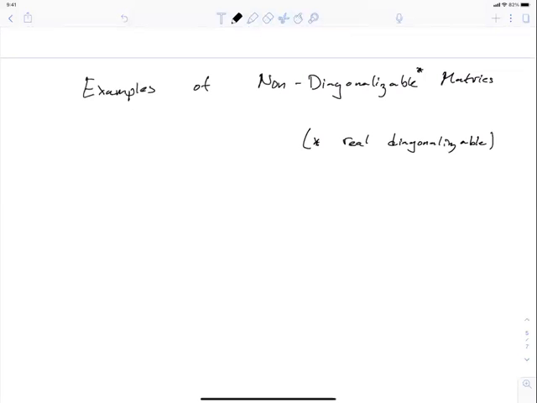So here's one example. Let's see what this matrix does. We're going to do a quick before and after graph.